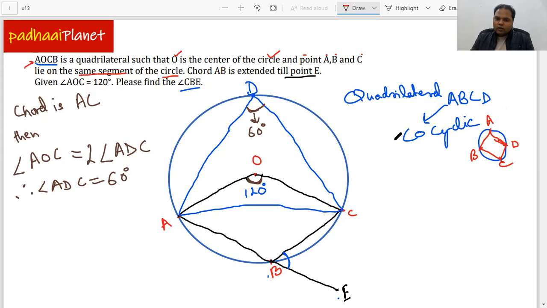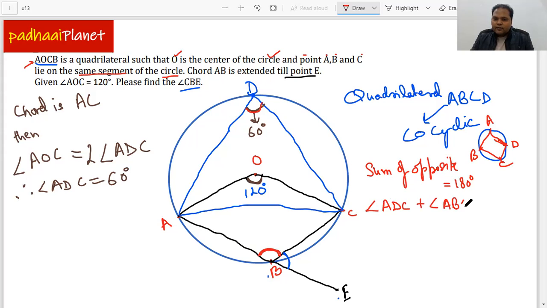And in a co-cyclic quadrilateral, the sum of opposite angles is always equal to 180 degrees. That means the sum of this angle and this angle, because this is another opposite angle of the quadrilateral, will be 180 degrees. So we can also write that angle ADC plus angle ABC is equal to 180 degrees.